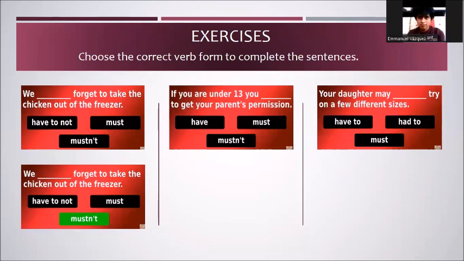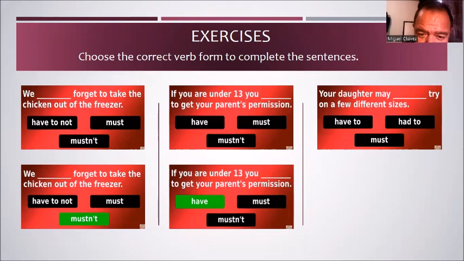Yes, please, Emmanuel. If you are under 30, you have to get your parents' permission. Let's check the answer. Yes, thank you, Emmanuel, again. Have to get. Thanks a lot. Okay, next exercise.